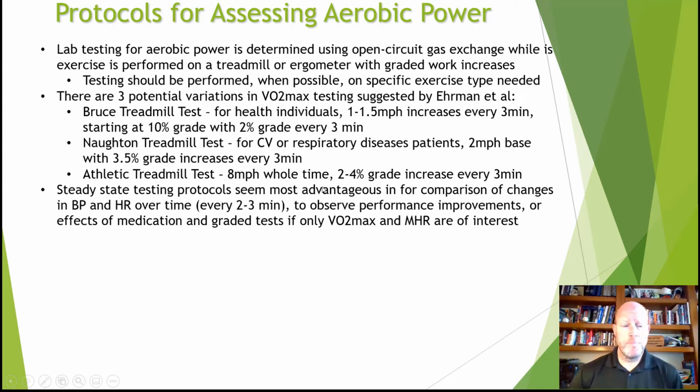Steady state protocols, like that athletic treadmill test with standpoint of speed, are most advantageous for comparing changes in blood pressure and heart rate over time every 2 to 3 minutes. And the reason you do every 2 to 3 minutes we'll talk about in a second, for the changes that occur in graded exercise tests whenever you're changing speed and or incline, in this case with a treadmill.